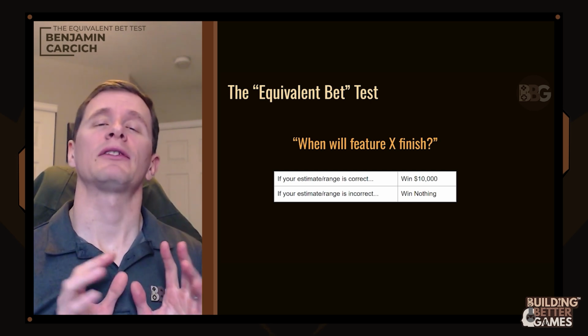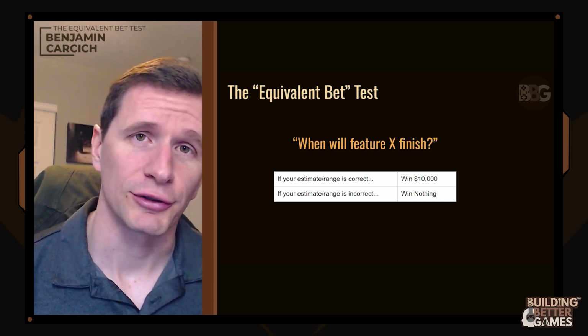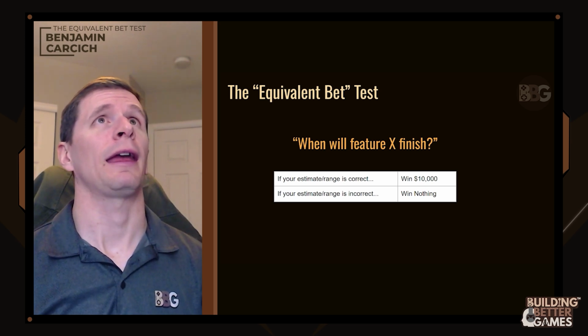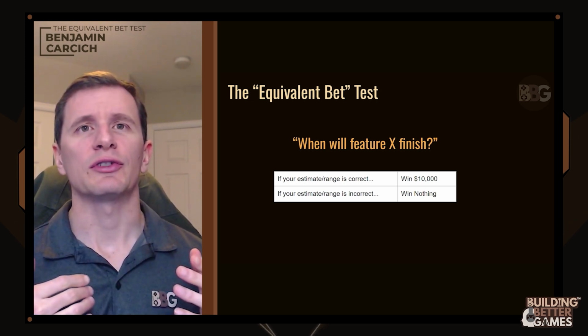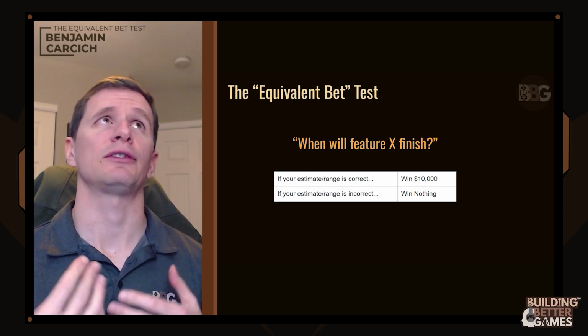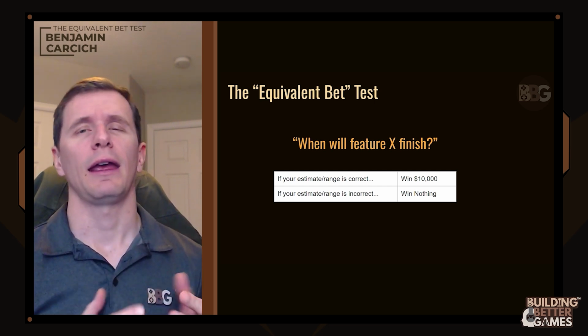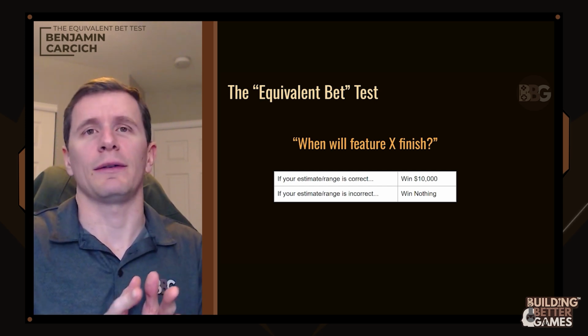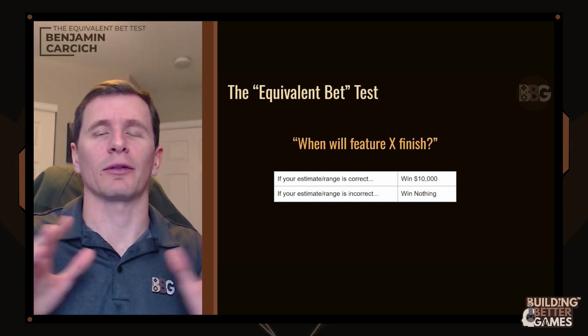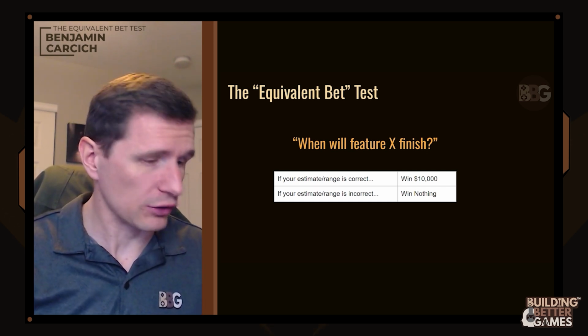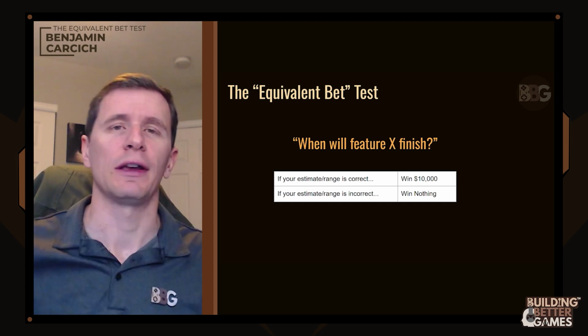Immediately, it made you pause and think much more carefully about your range. And maybe you widened it, or maybe you were like, nope, it's still good. There's stuff going on in your brain that's causing you to go, oh, I really want to be right then. And again, a simple way to do this might be to just make the range ridiculously wide, so I cover all reasons. Oh, it could be done as early as 2 days from now or 5 years.